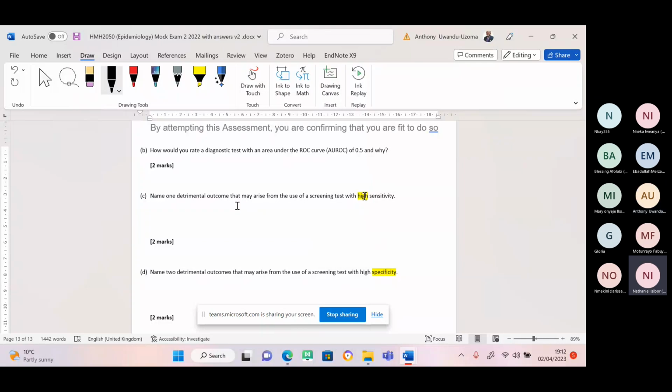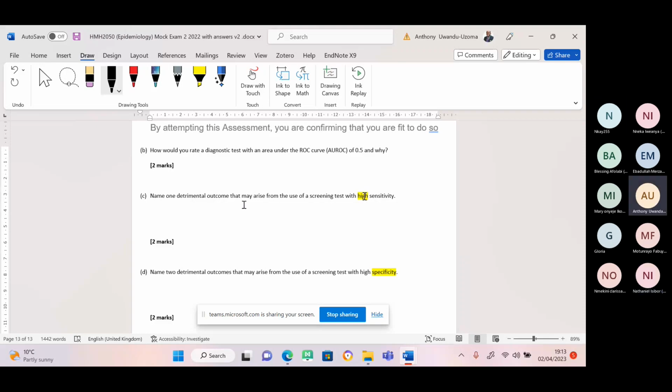That means the test can accurately detect those persons that have the disease. Those persons that have the disease, the test can easily identify them.